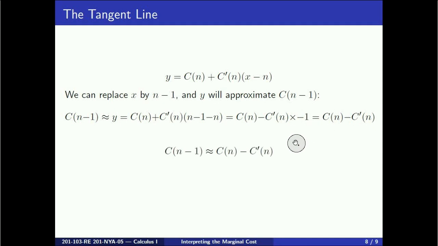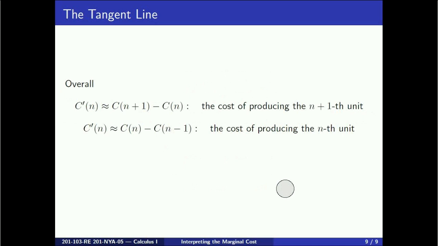Therefore, C of n minus 1 is approximately C of n minus C prime of n. And solving for the derivative, we get that C prime of n is approximately C of n minus C of n minus 1. The interpretation here is that C prime of n approximates the cost of producing the nth gallon of stain.